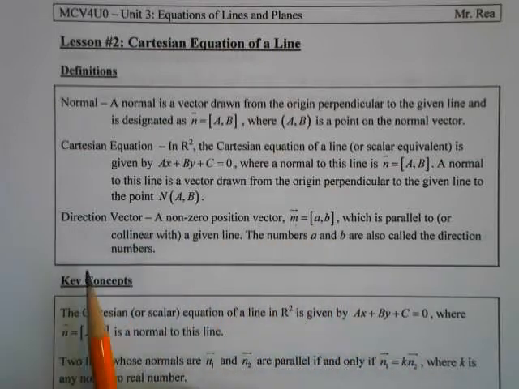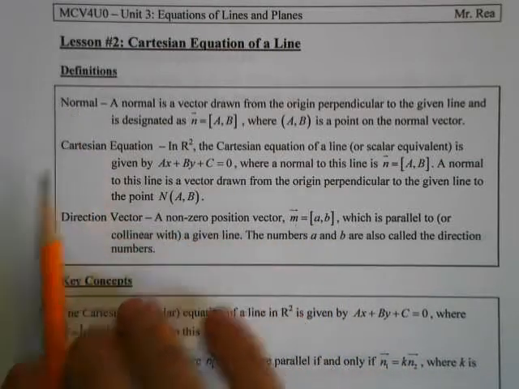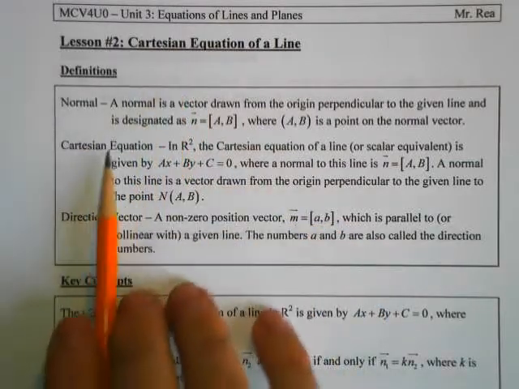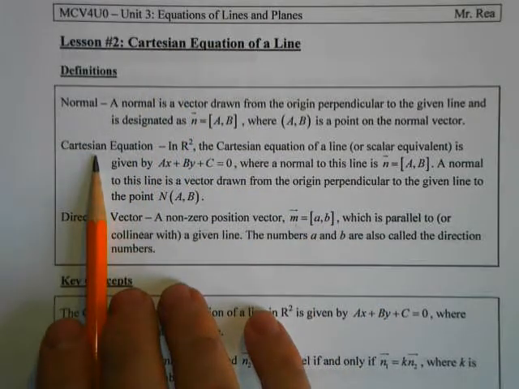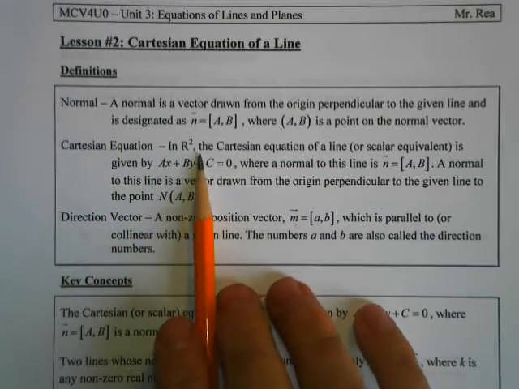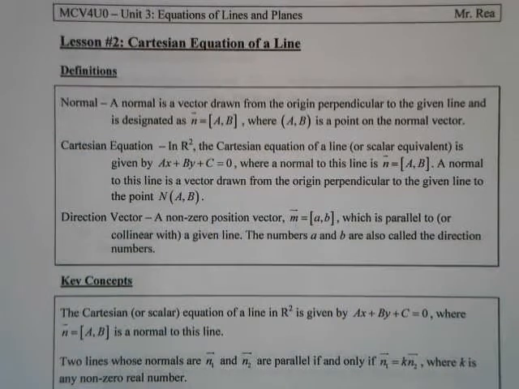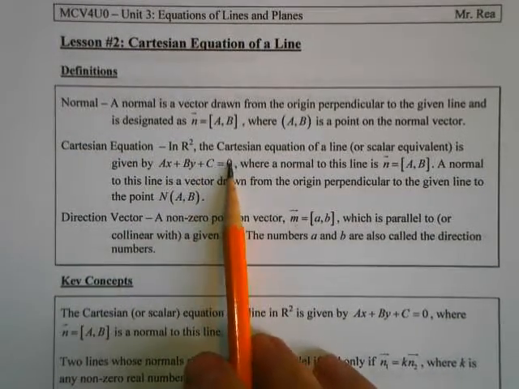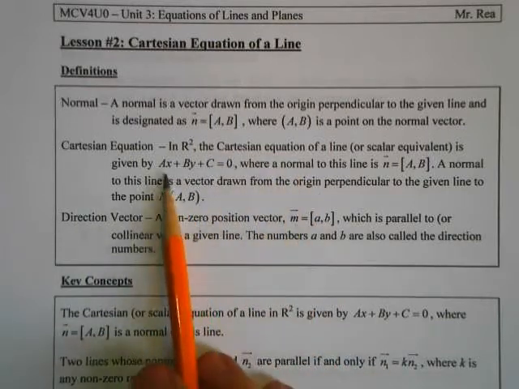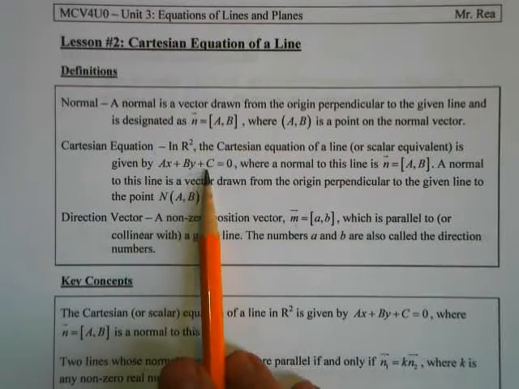We're going to be using the normal to create our new equation, in quotation marks, called the Cartesian equation. We're only talking about R2 today, so x and y axes only. The Cartesian equation of a line in R2 is given by ax plus by plus c equals 0.